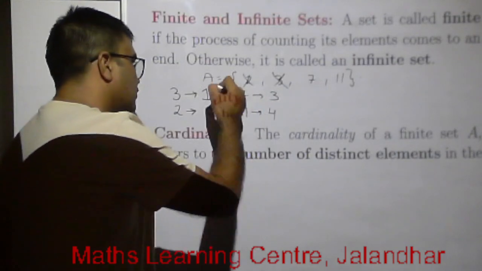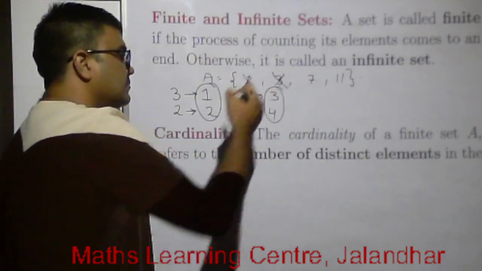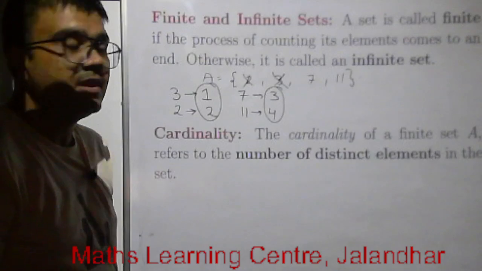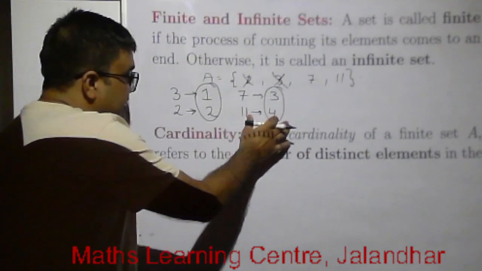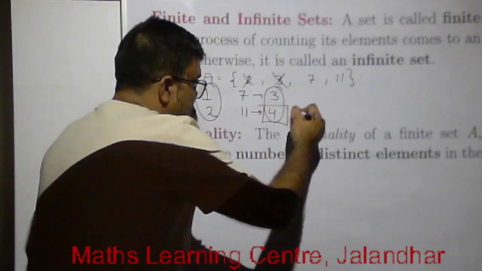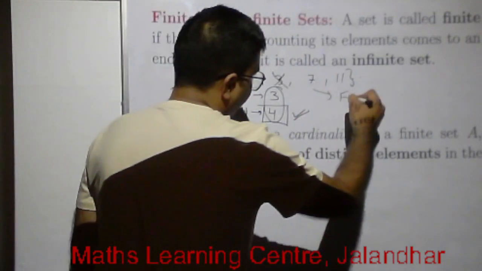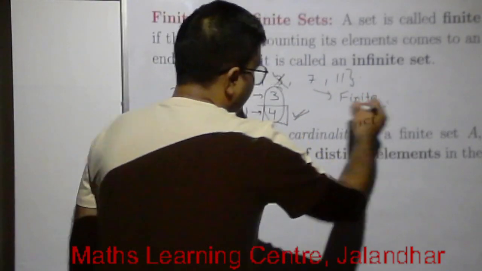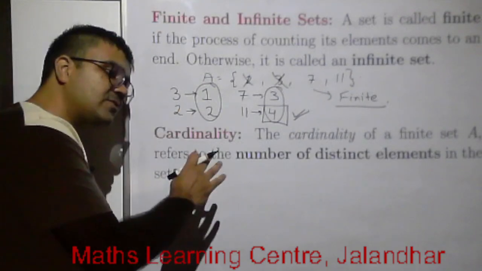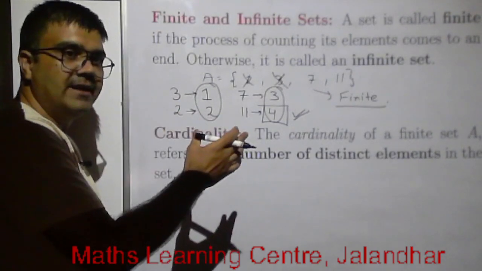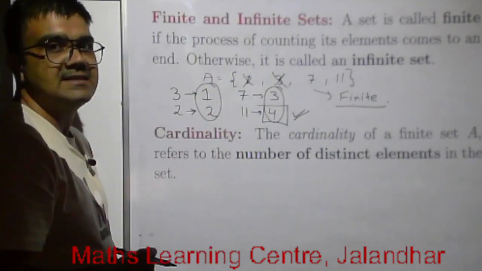Assign it the number 4. These are the natural numbers we are talking about. The process of counting comes to an end. We are saying this set is finite. If the process of counting does not come to an end, we will say the set is infinite.